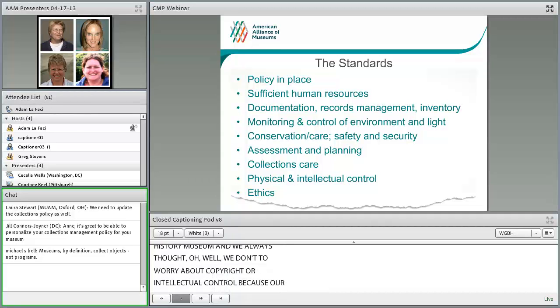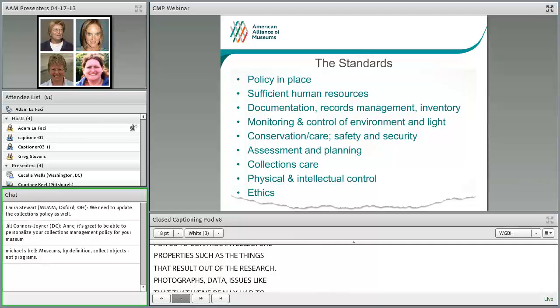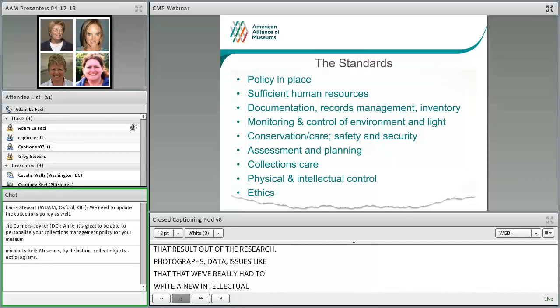But we found recently that it's more important for us to control intellectual property, such as the things that result out of the research, photographs, data, issues like that. We really had to write a new intellectual property control policy, actually. So I just wanted to point that out because some people don't think about that.